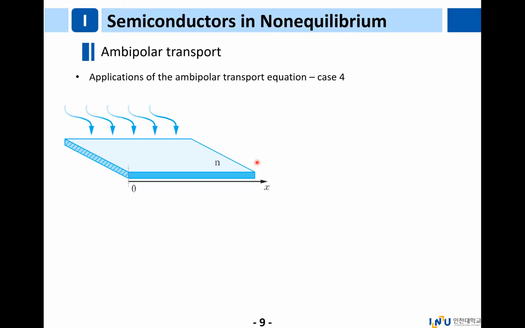At this time, let's suppose that we have an n-type semiconductor in the xy plane and light is uniformly incident on the entire plane, generating excess carriers uniformly.